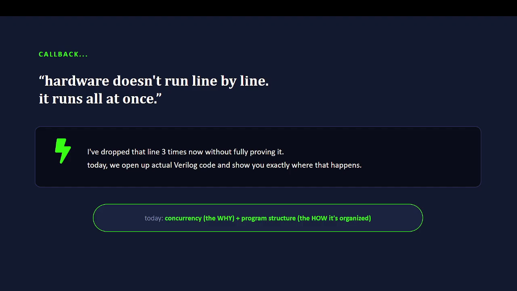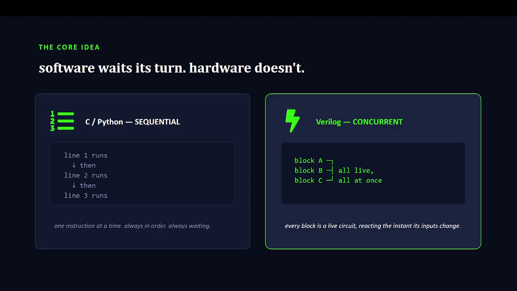By the end of this video, you will be able to open literally any Verilog file, glance at it for 2 seconds, and immediately know what's a port, what's internal, and which parts of the code are running independently of each other.